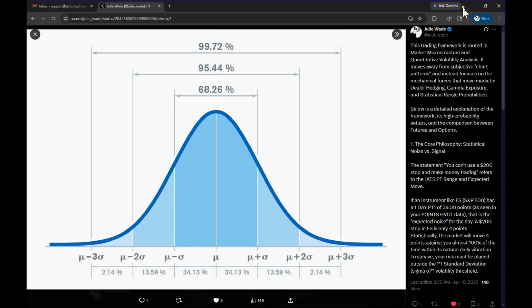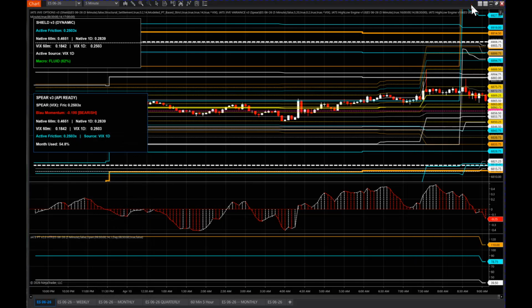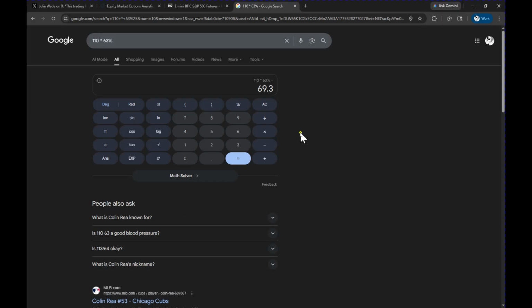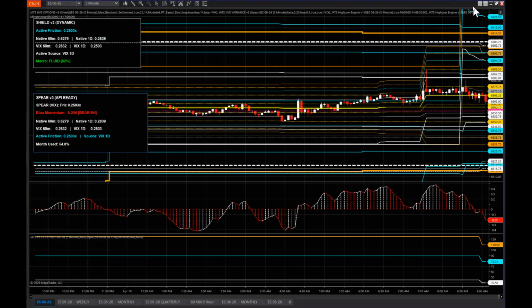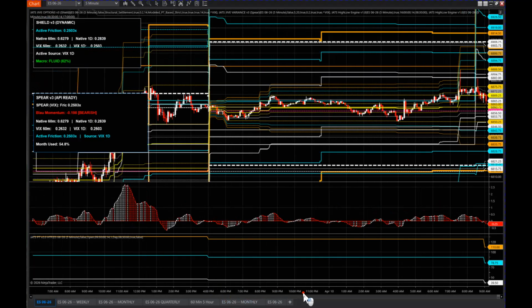And our expected range for the 68% is 78.75 points. 63% of the range, so that would be between 69 points, did I say? I forgot. Hang on. 69.3. So between 69.3 and 78 is where I would expect it.